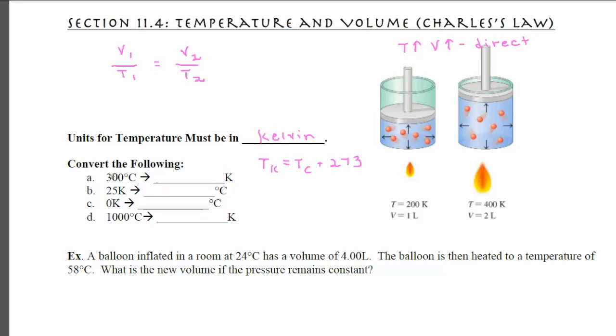So for example, if I'm going from 300 degrees Celsius and I want to find out how many Kelvin that would be, I would take 300 and add 273 to that. So your answer would be 573. Okay. I need you to complete B, C, and D for me, please, and pause the video.